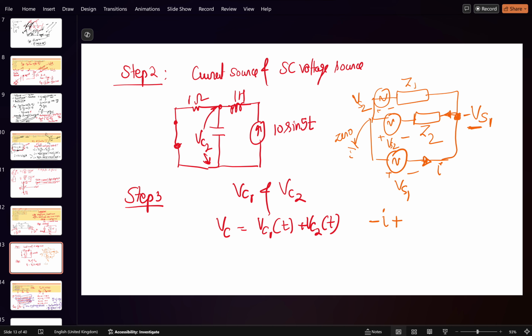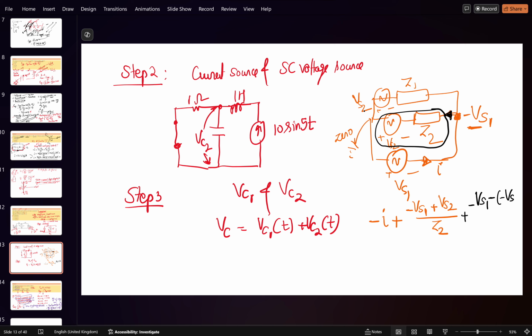So minus VS1 minus minus VS2, divided by Z2, will be the current flowing in this circuit. I've assumed that it is going out.